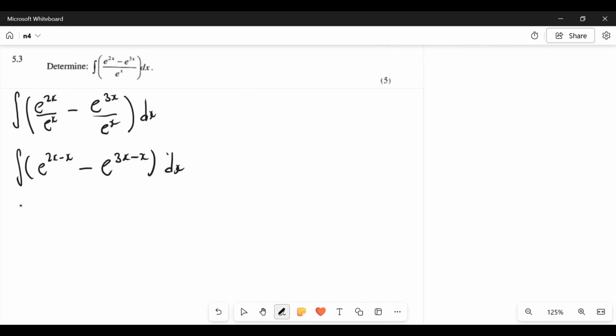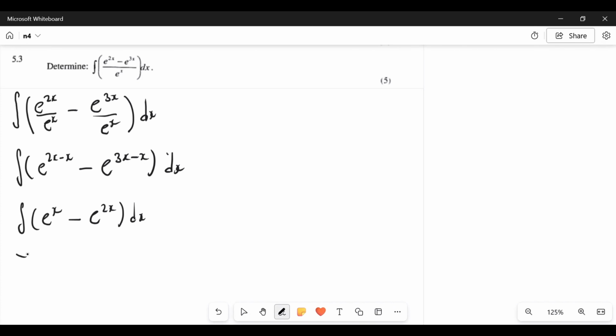Now if you continue, this can be written as follows: we have e to the power of x, because 2x minus x is going to give us x, minus e to the power of 2x. Now we can say multiply by dx. When it's like this, we can start integrating.